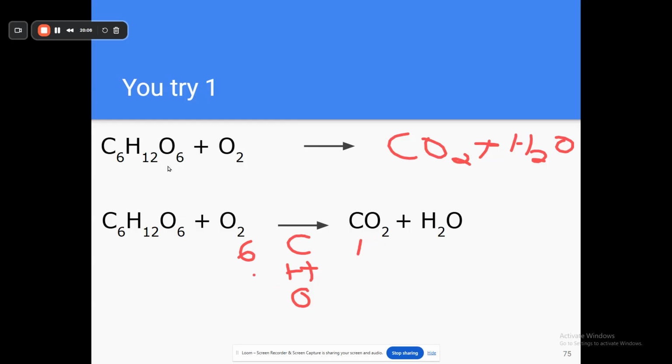Hydrogen on the left side has 12. On the right side it has 2. Oxygen, please remember to keep these separate. We're not going to multiply both at the same time. They're separate compounds. So we have 6 plus the 2. And then we've got, again, here separated, 2 plus the 1.